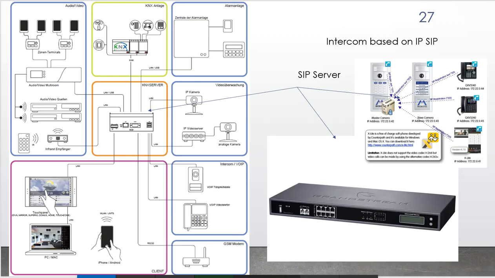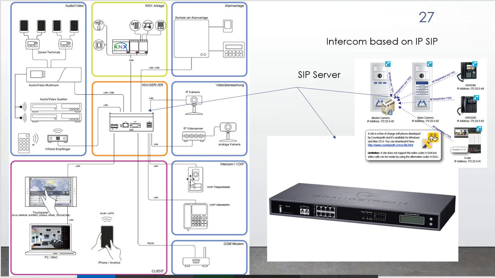You remember we talked about the product based on IP. Look at this picture. We have the KNX server, okay? Here we have the touch panel, PC, and so on. We have the audio systems here.